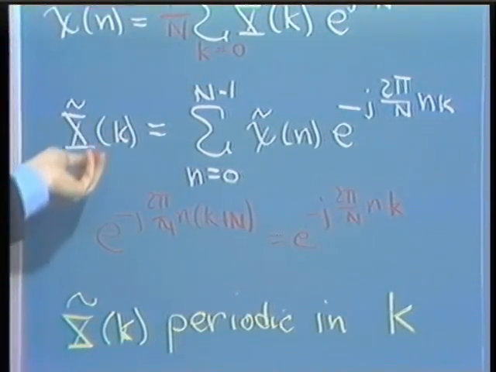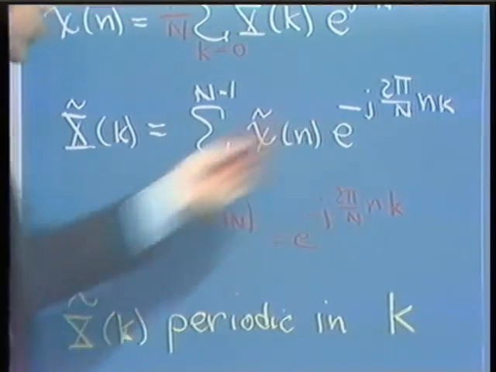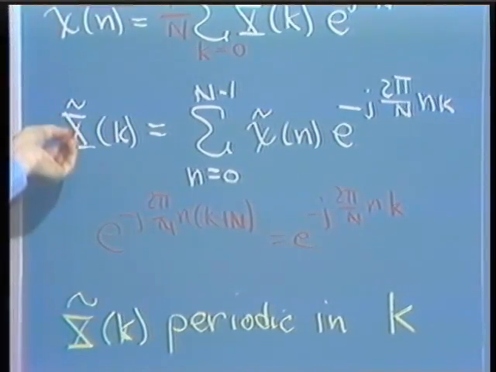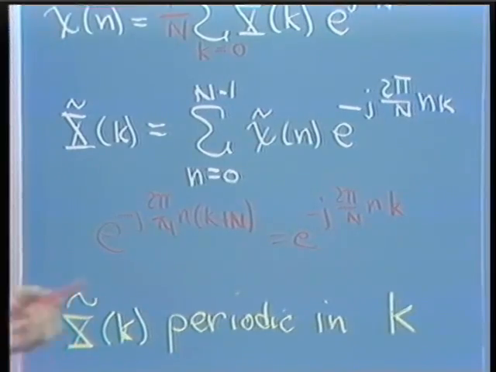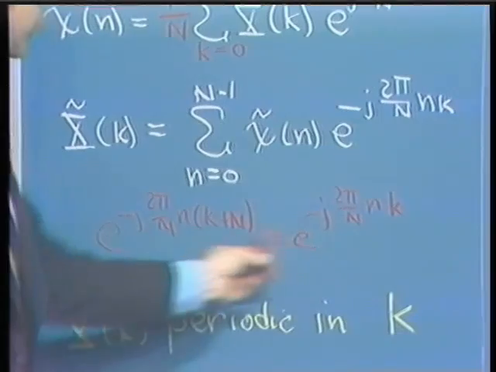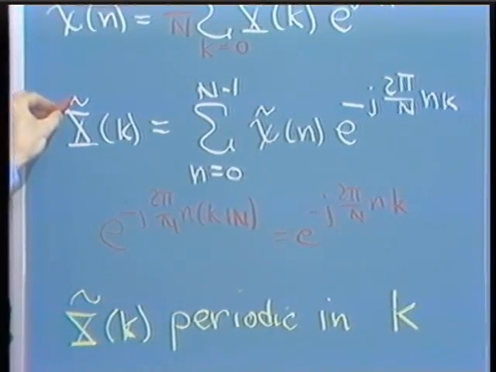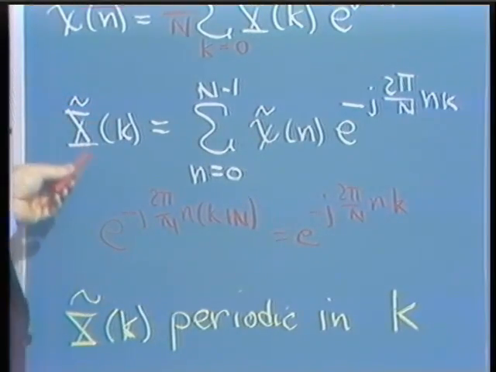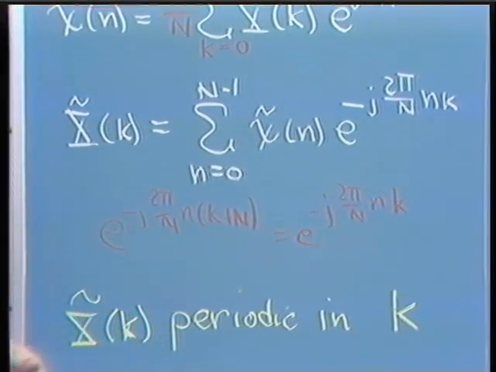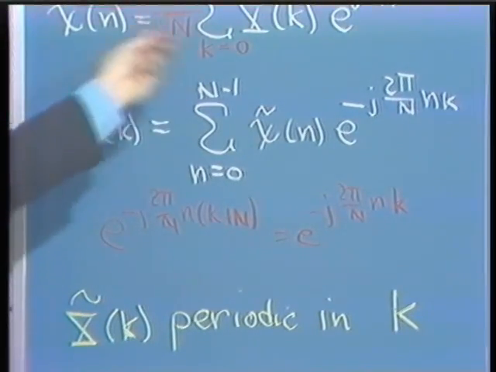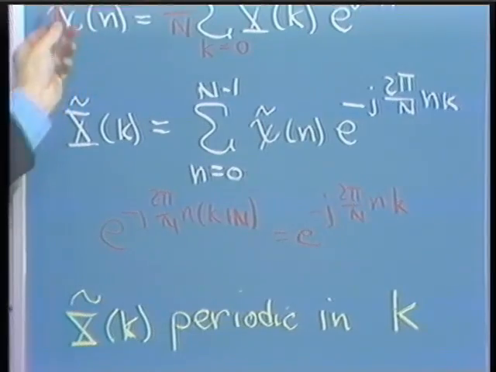So if I asked from this relationship what capital X tilde of k plus capital N comes out to be, then because these two complex exponentials are the same, I'll find that capital X tilde of k is equal to capital X tilde of k plus capital N, k plus 2 capital N, etc. That is, it's a periodic sequence. Although I only use one period of it in reconstructing the periodic sequence x tilde of n.